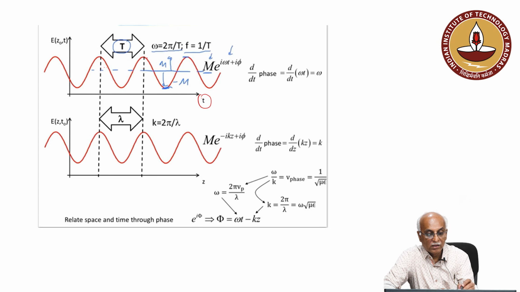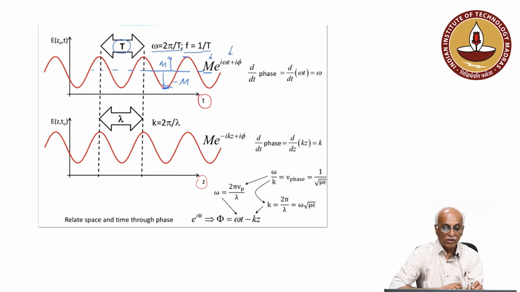Correspondingly, in terms of spatial wavelength, the electrical field also varies. The propagation of this electrical wave has a period equal to lambda, which is nothing but the wavelength, and its propagation constant accordingly is 2 pi by lambda in free space.